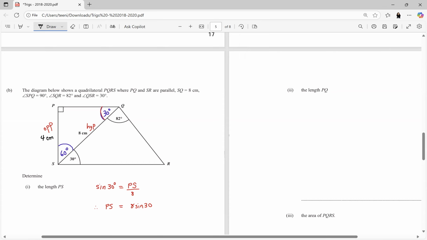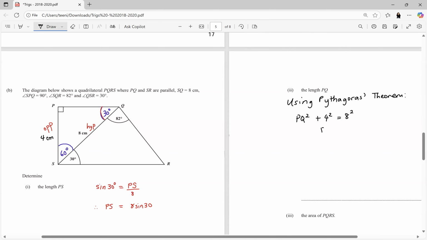So let's write it with the sides first. The side PQ squared plus the other side, 4 squared, would be equal to the square of the hypotenuse, which is 8 squared.